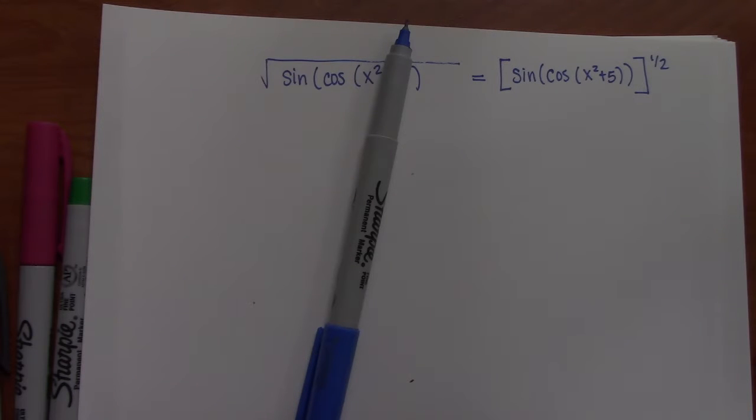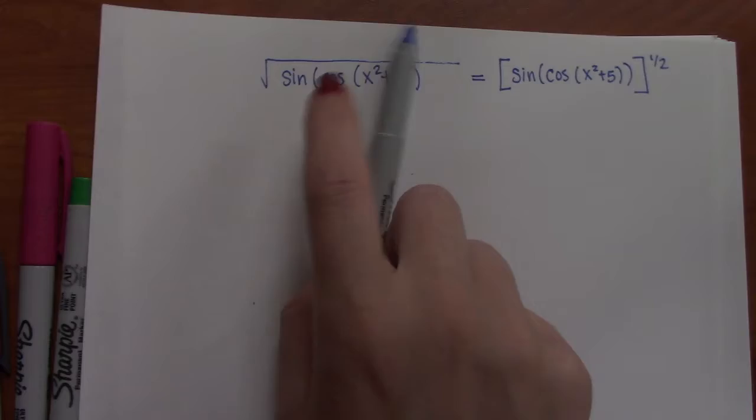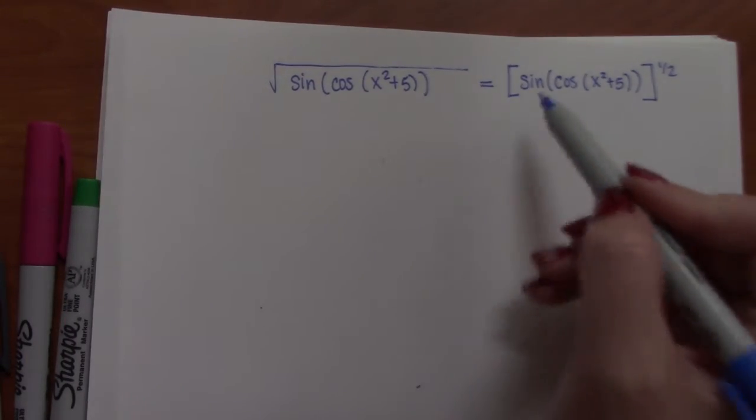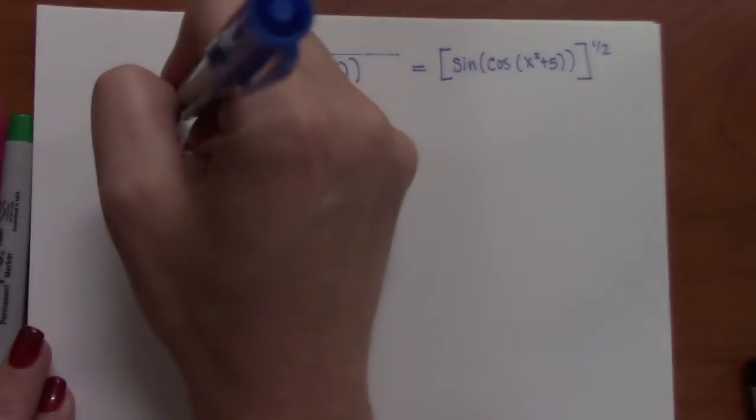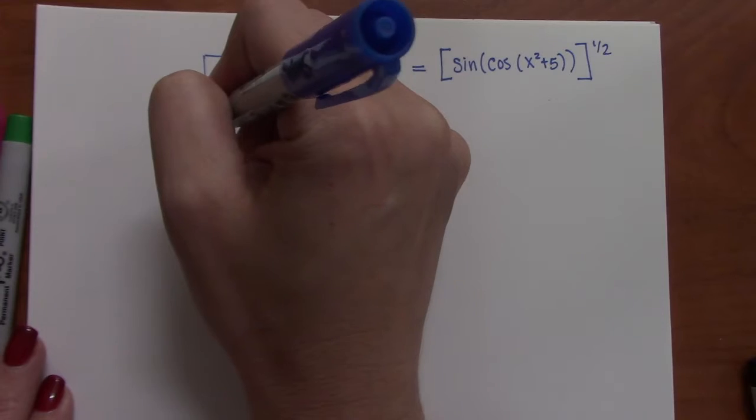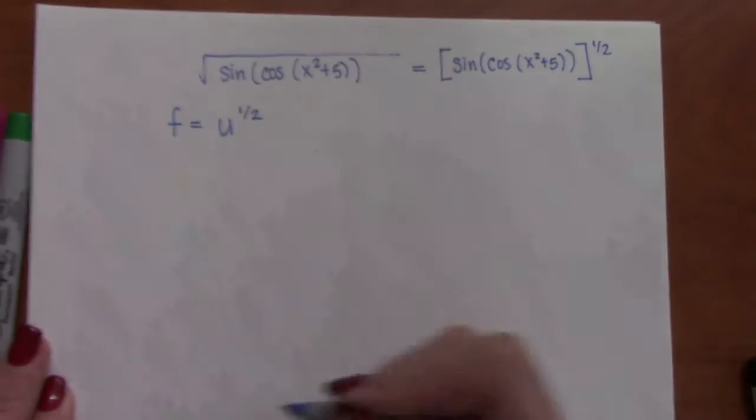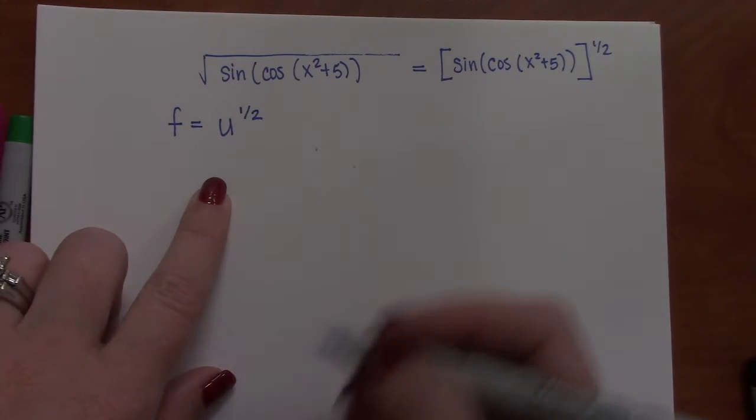So on this guy, if I'm breaking this down, I go from the outside in. So the outermost function is just u to the 1/2. That's all that's going on there, right?